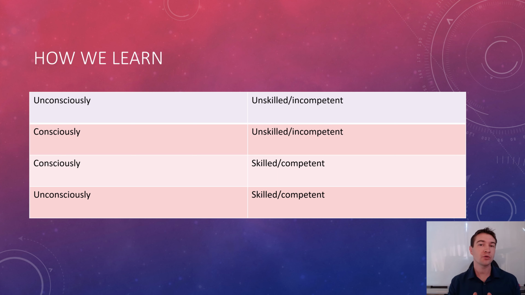And then here we're looking at how we learn. So when we first start out, we're unconsciously unskilled or incompetent. We don't know that we don't know. Then we move into consciously unskilled, so we know that we don't know. Then consciously skilled, so we have to think about what we do before it becomes automatic.